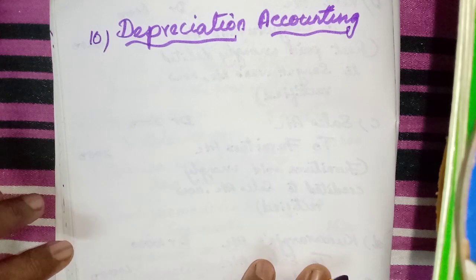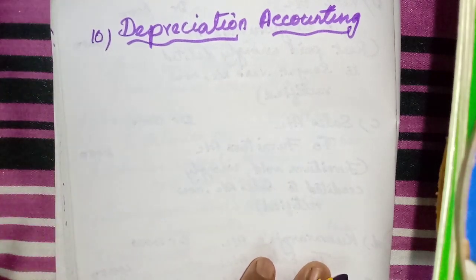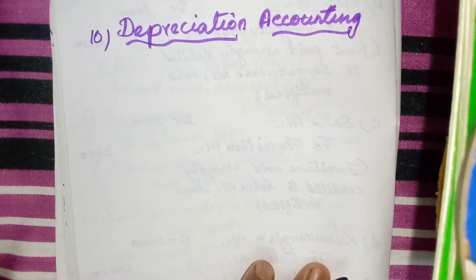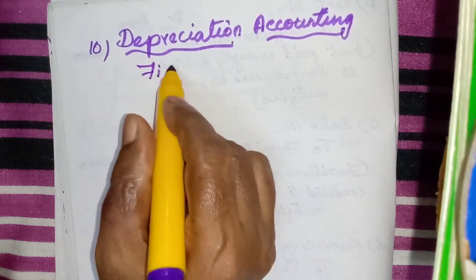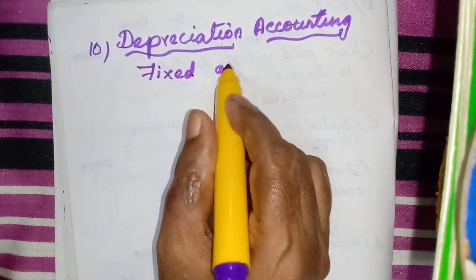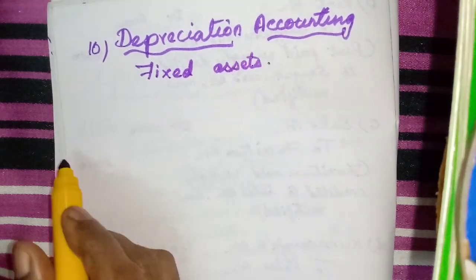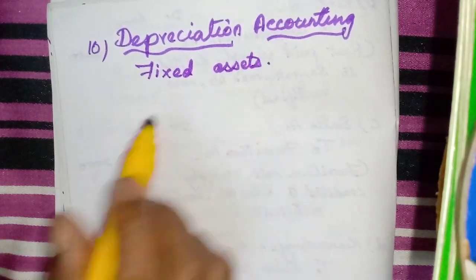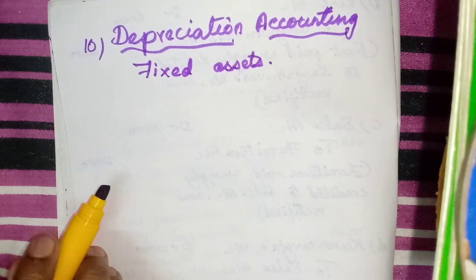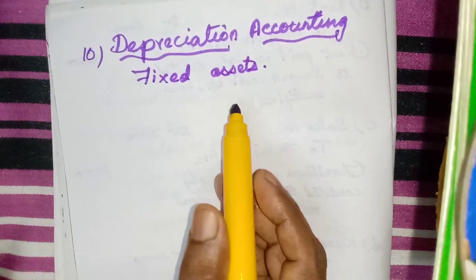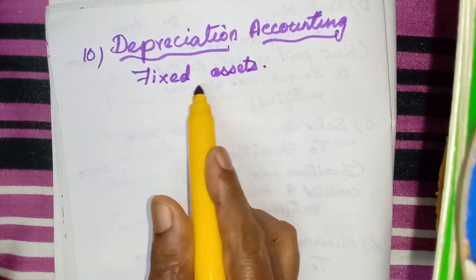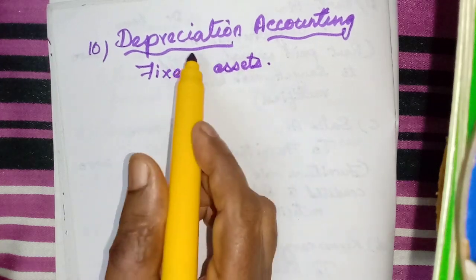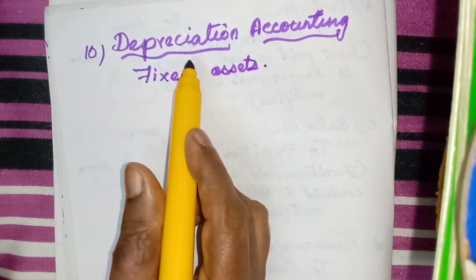depreciation accounting. You might have heard this word depreciation, the opposite of appreciation, isn't it? That means the value is getting reduced. Here, the fixed assets you might have studied, isn't it? When we studied the matching concept, I might have explained to you that a fixed percentage of depreciation will be reduced from the value of the fixed assets, and this depreciation must be entered in the books of accounts.